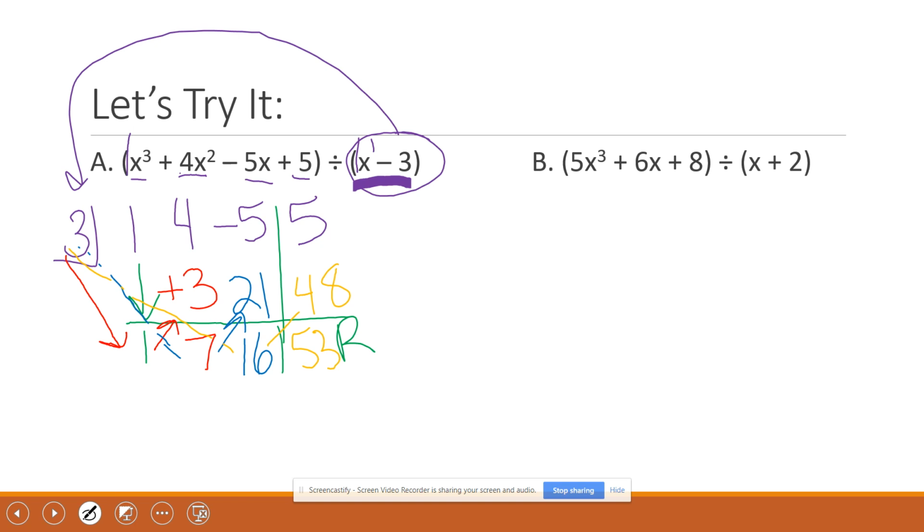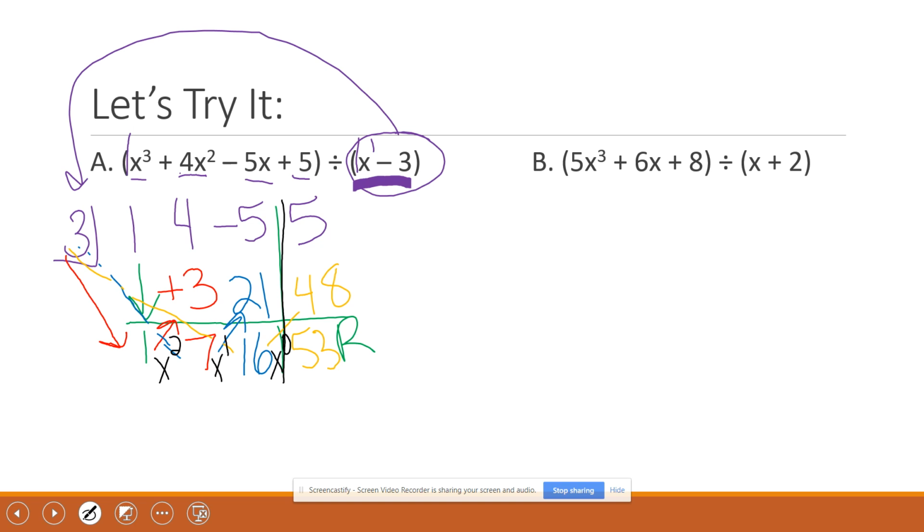Immediately to the left of our line that we used here, we start filling our variables back in. We start with x to the 0, x to the first, x squared. We keep adding a number in our exponent until we reach all the way to the far left.